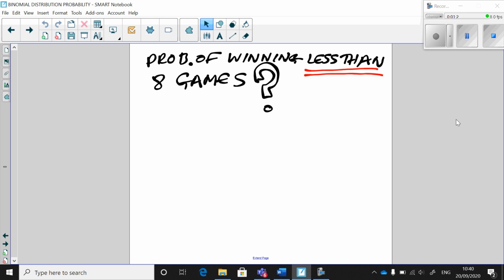So, what does that actually mean to win less than 8 games? We know the total's 10. So, here, just sticking with our notation, W for wins, 8, and that's fixed. And that little symbol there, pointing away from the 8 to the left, that little arrowhead, that means less than 8.